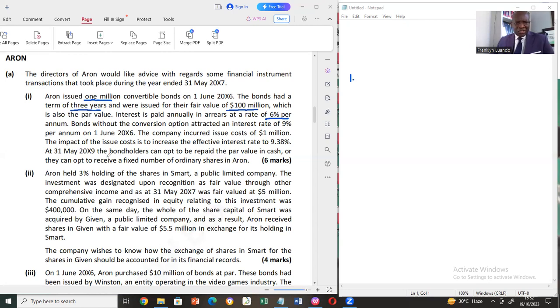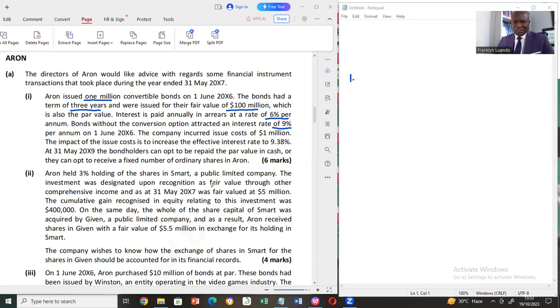Bonds without the conversion option attracted an interest of 9% per annum. Now, I want you to understand that when discounting, the discounting rate is the effective interest rate, which is the interest of similar loans but without the conversion rights.